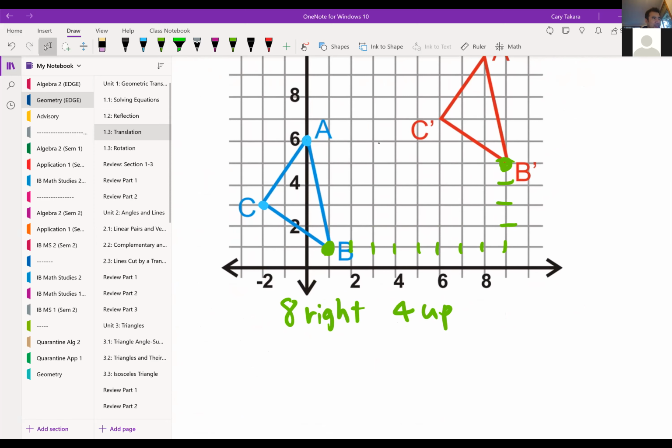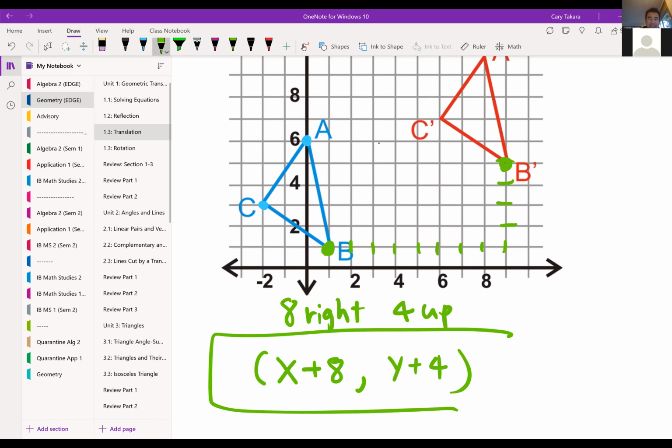Yeah, very good. So how would you write the rule? It's basically x plus 8, because right means positive direction, and 4 up is also positive, so y plus 4. So that will be the rule.